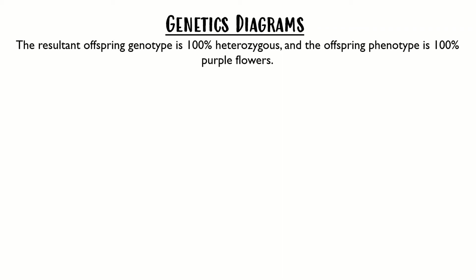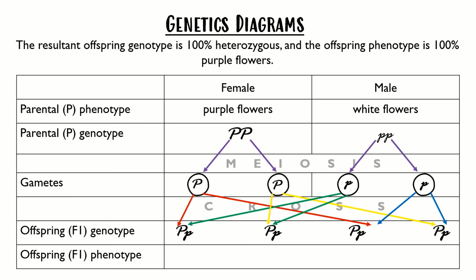And as a result, we say the genotypic ratio is 100% heterozygous. We wouldn't have any different looking flowers from this cross. They would all be purple. The offspring phenotype is also 100% purple flowers.